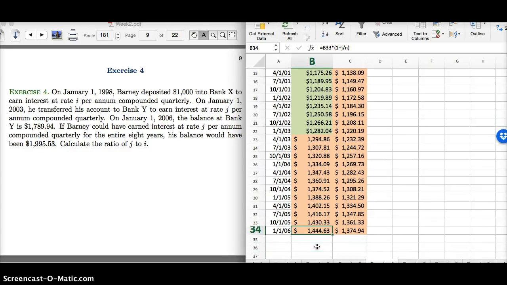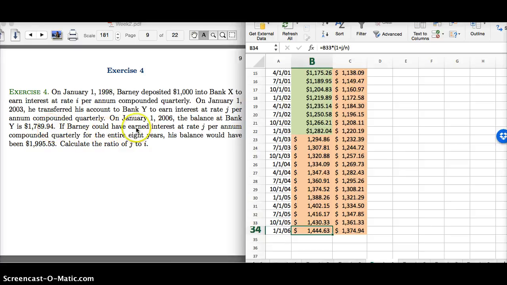January 1, 2006, and I end up using these two guesses for I and J with $1,444.63. Now, we're supposed to end up with $1,789.94.